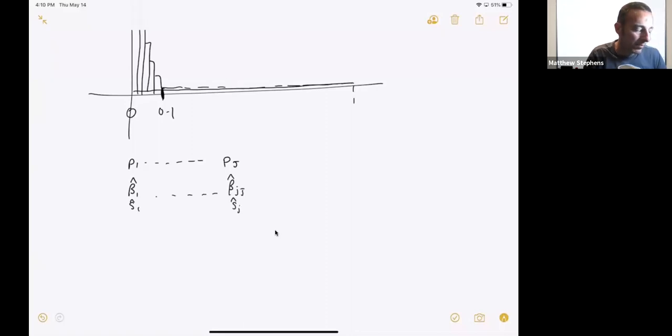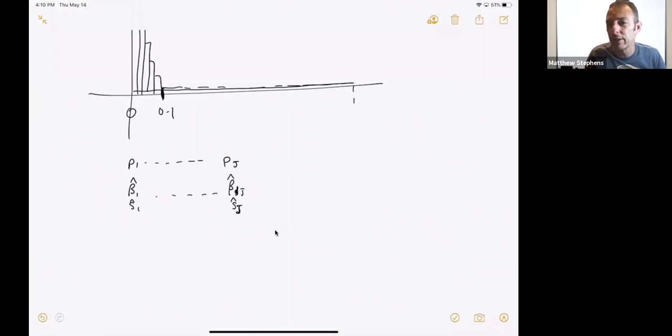So I've got 2 numbers for each test instead of 1. And in fact, in many settings, that's how the p-values are computed. You first get a beta hat and a standard error, and then you turn that into a z-score or a t-score and turn that into a p-value.